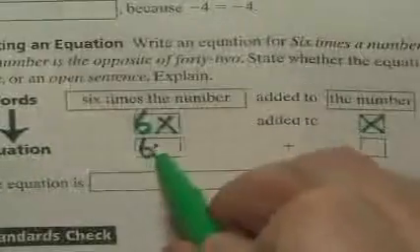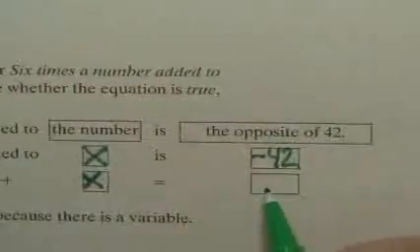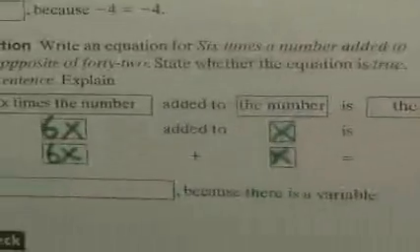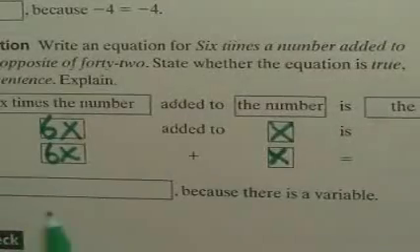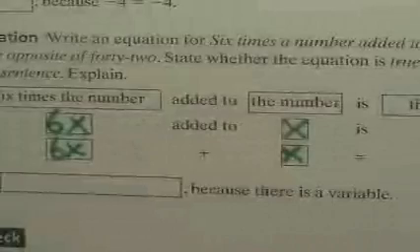So we have 6x added to, which is a plus, the number, which is x, equals negative 42. So 6x plus x equals negative 42. This equation is what? Because there is a variable, it is open. It's open.